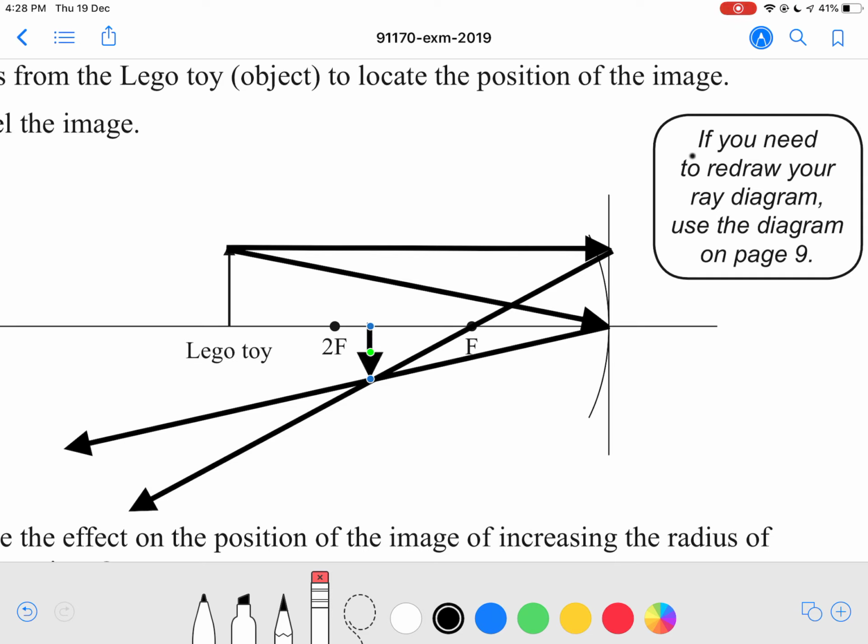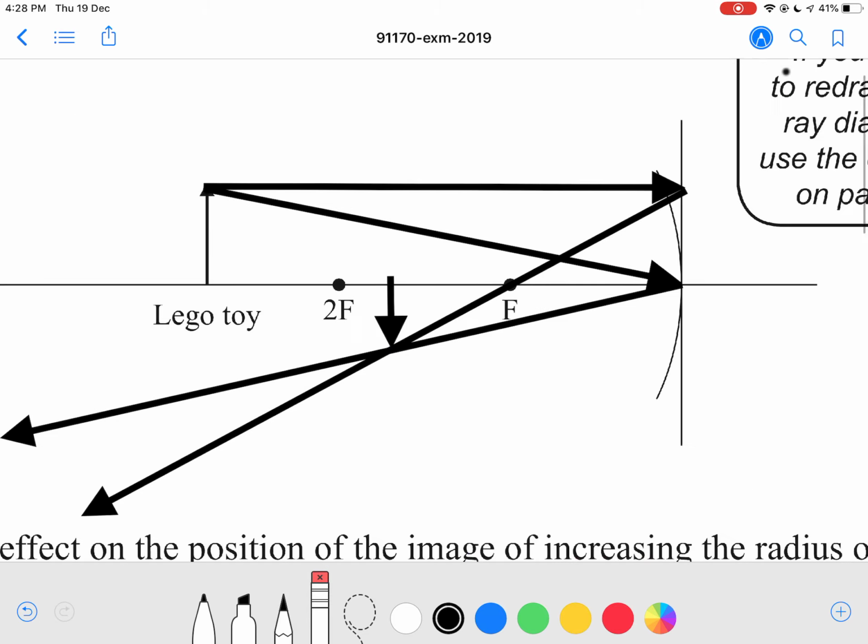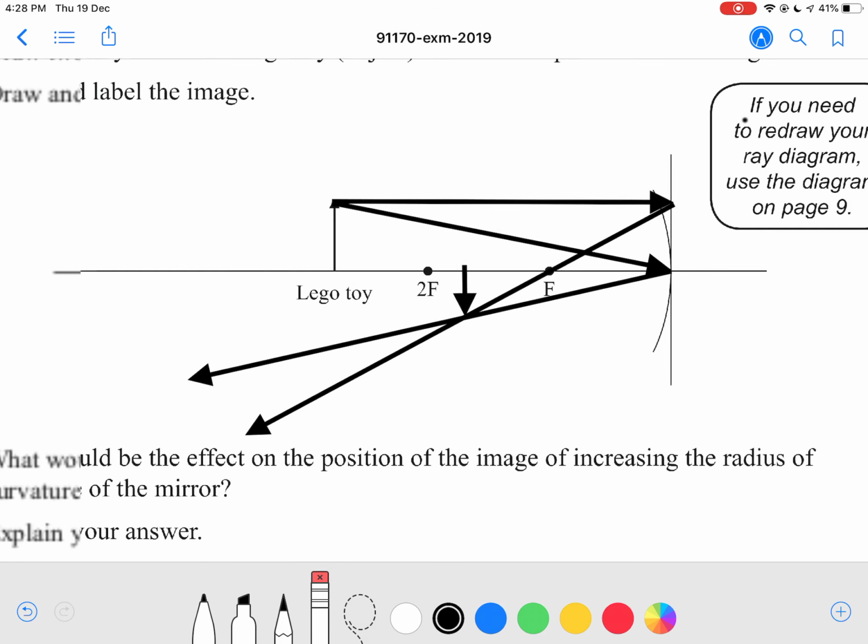Sorry, the image should be straight, not bent, but this iPad isn't going to do much for me. It should look something like this, and the ray should start from the principal axis and come down to a point where the two rays meet.